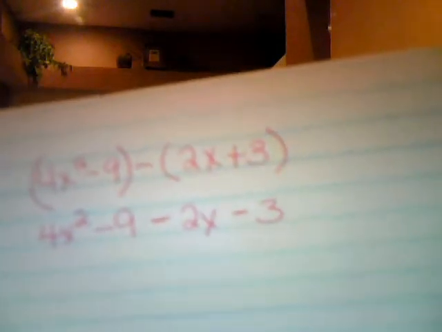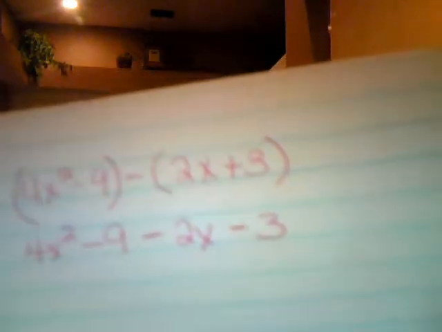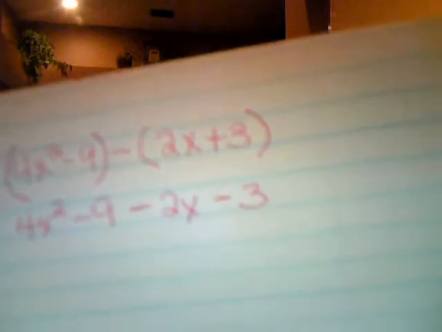But when you take away the parentheses, the 2x becomes negative 2x, and the positive 3 becomes minus 3. Let me show you. The 2x became negative because in the parentheses the 2x is positive. And the 3 became negative. In the parentheses it was positive.